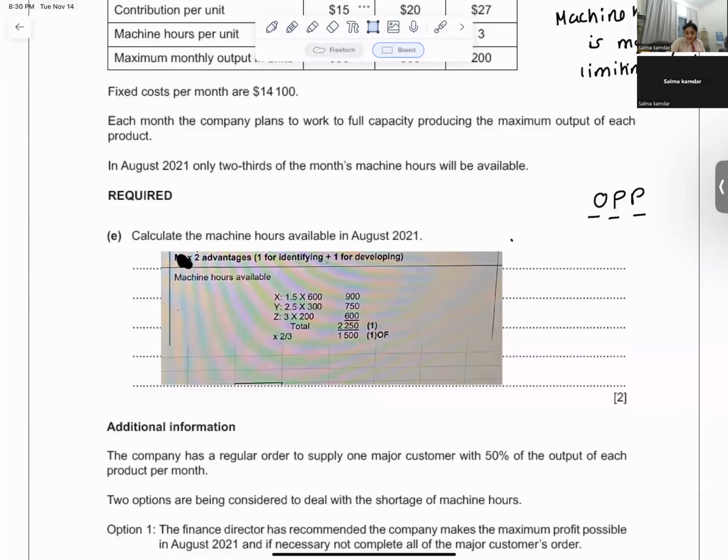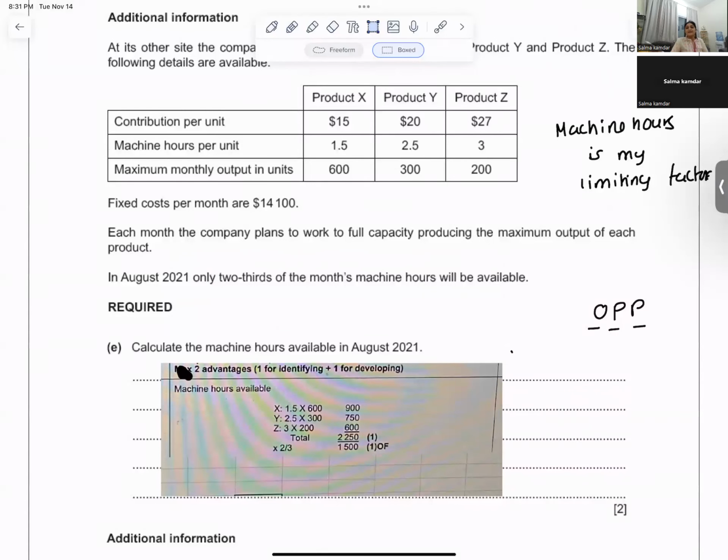So whenever something is less in supply, that becomes a limiting factor, and they will definitely ask you to find the optimum product plan. Optimum product plan tells you that you make that product first that gives you the maximum profit per limiting factor.